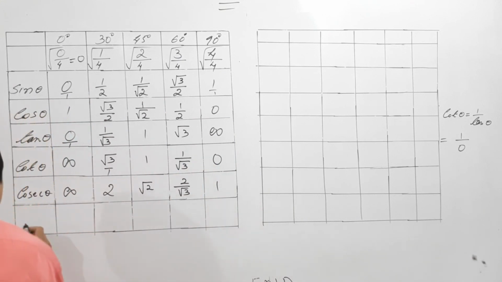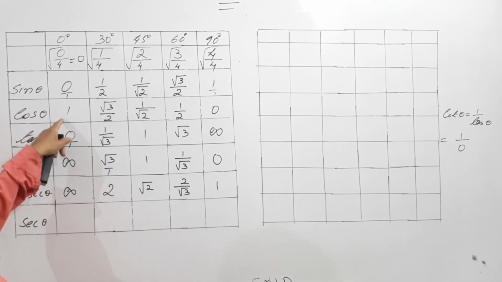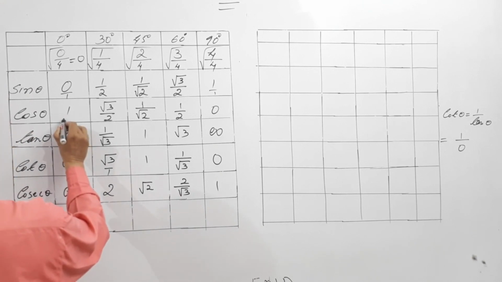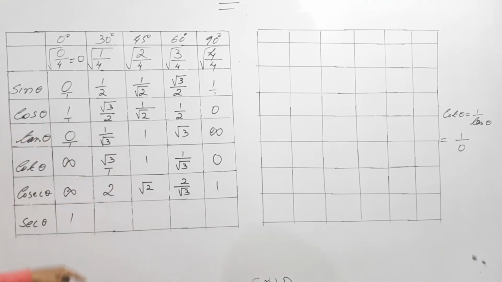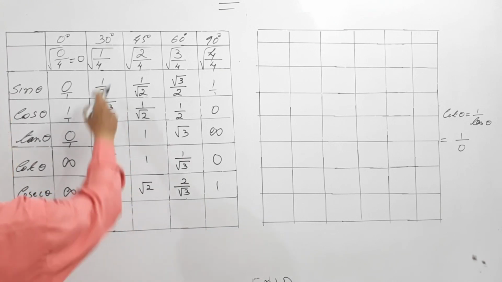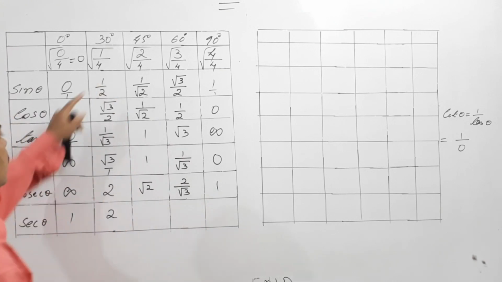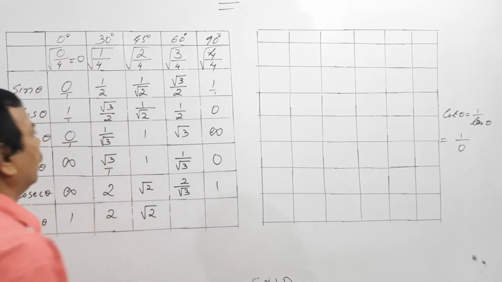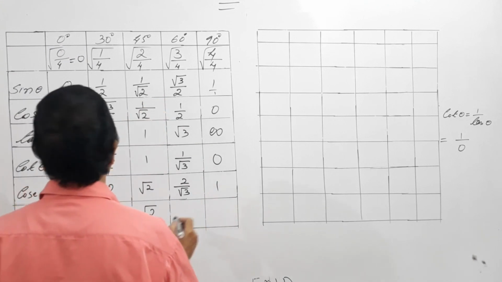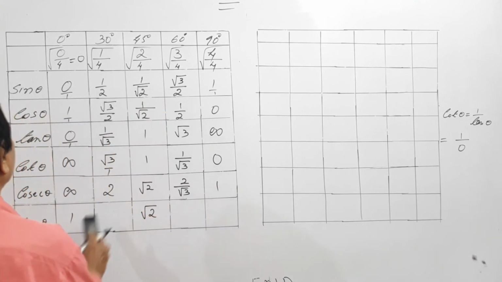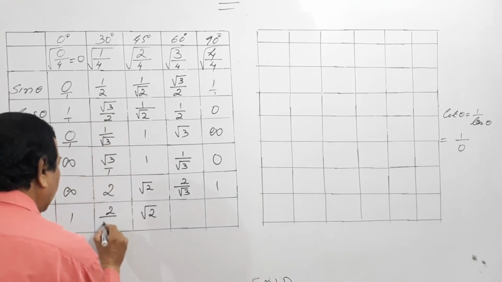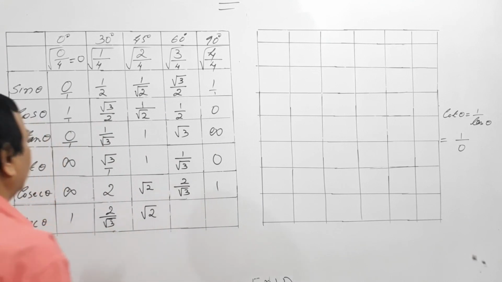Now next, secant theta. Secant theta is the reciprocal of cos. So this becomes 1 divided by 1 is 1. So next, say secant 30. Secant 30 is 2 by root 3, because reciprocal of cos.